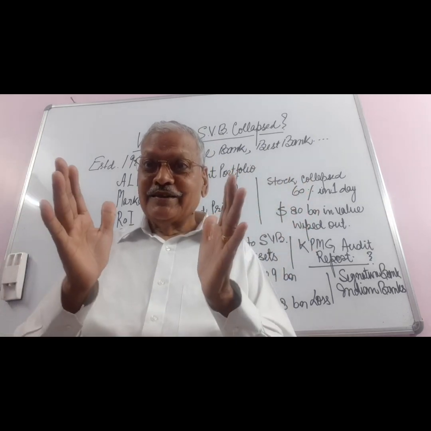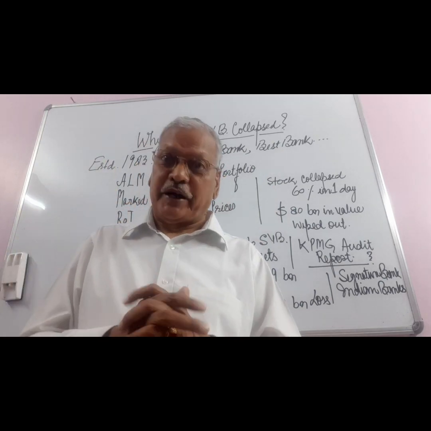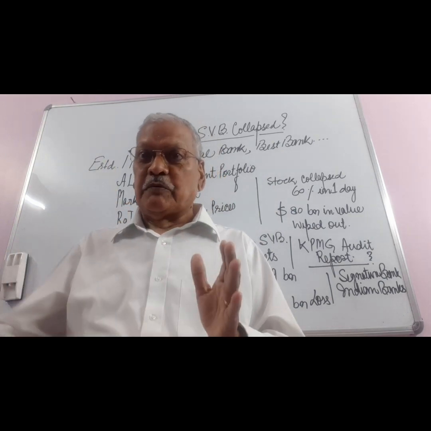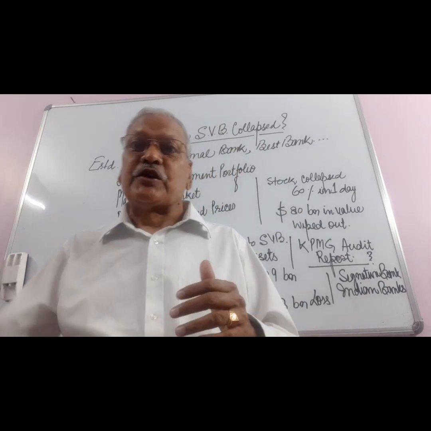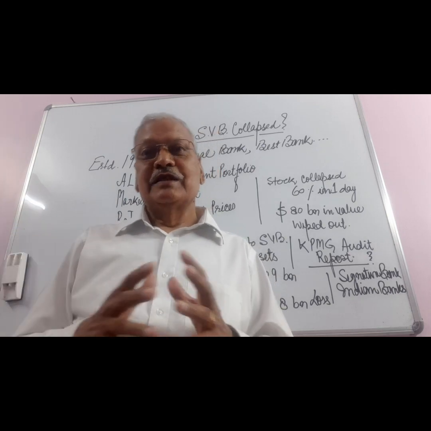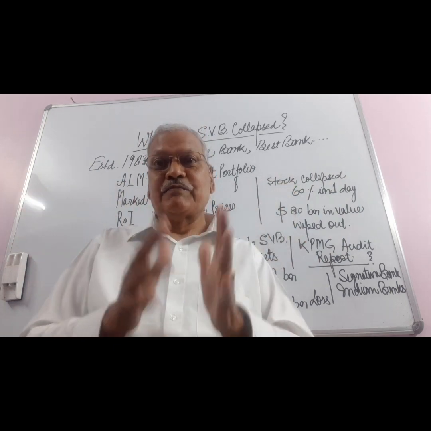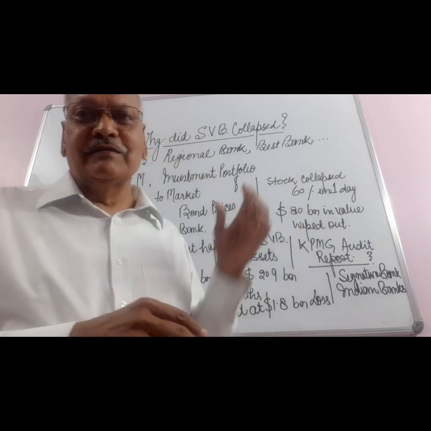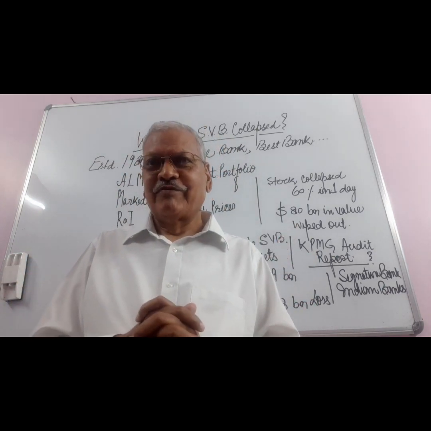So there is a huge gap between these two aspects. Deposits will be repaid immediately, and assets will come back to you over a period of time. And we have to manage this. But if there is a run on the bank, the bank is bound to collapse.